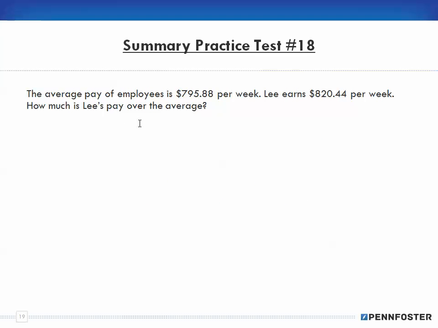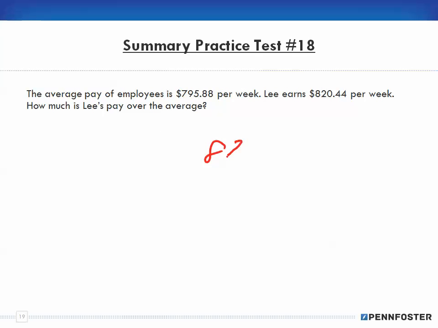Question 18. The average pay of employees is $795.88 per week. Lee earns $820.44 per week. In the back of my head, I'm thinking about the difference between the two, and of course, that's what the question is asking. How much is Lee's pay over the average? Since I'm comparing the two, that means I'm going to need to subtract.